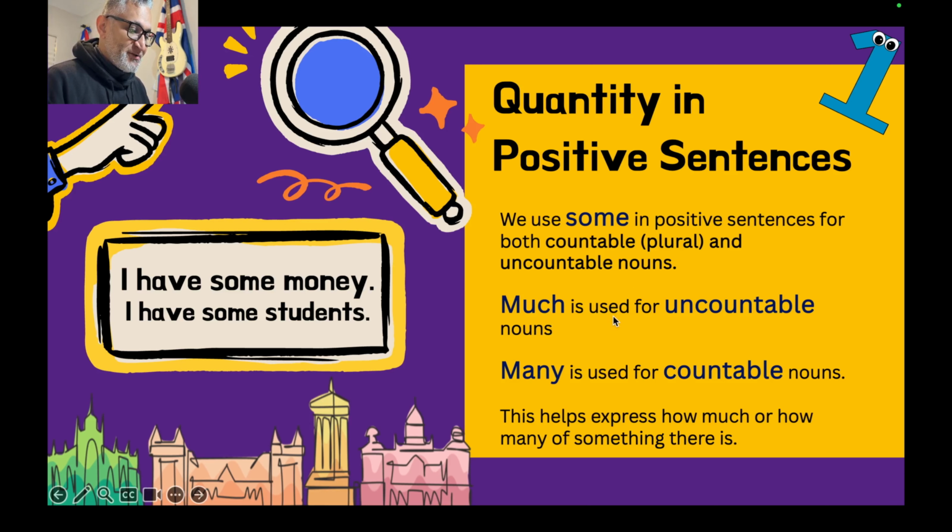Okay, so much is used for uncountable nouns. So words that have no plural, you're gonna use much, okay? But the words that you can count or they have plural, you're going to use many, okay? And this will help you to express how much or how many of something there is, okay?